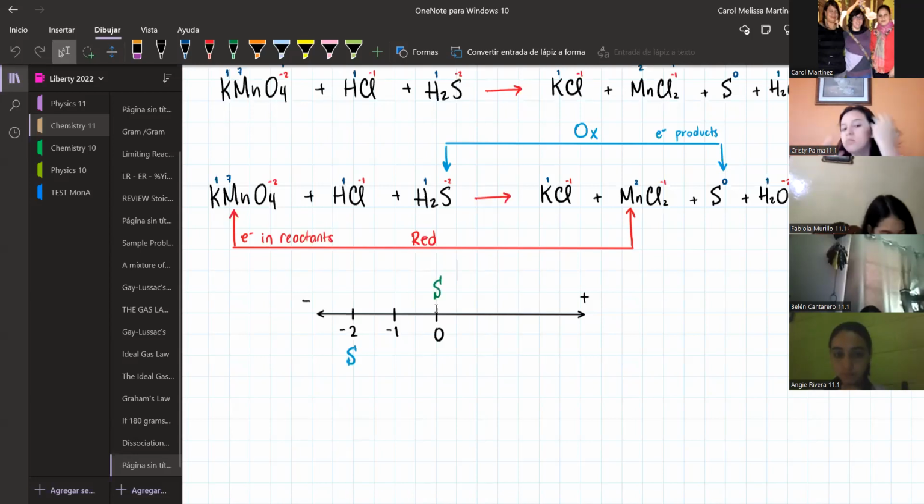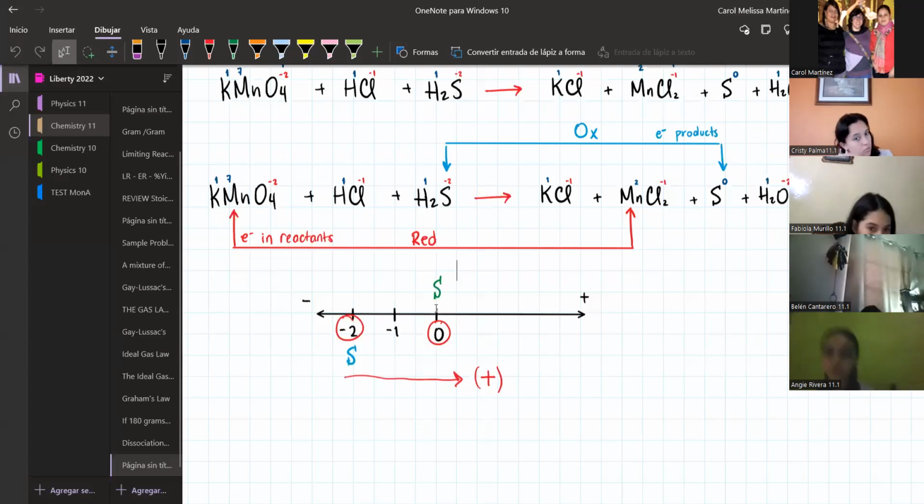So in math, in the number line, when you move to the right, you are increasing, right? So what happened with the oxidation state? It was -2, and it ended up at 0. So it was increased by 2 spots, 1, 2 spots, okay?